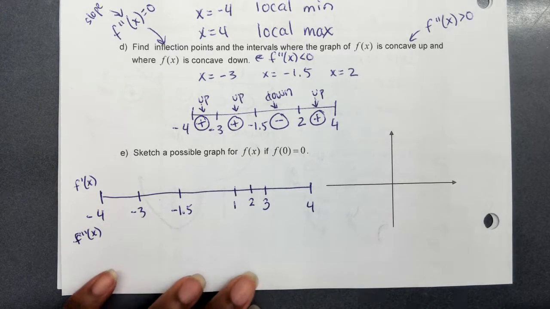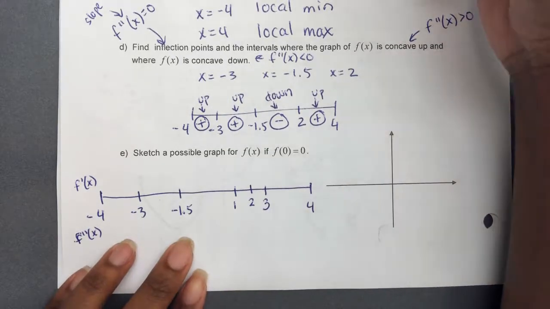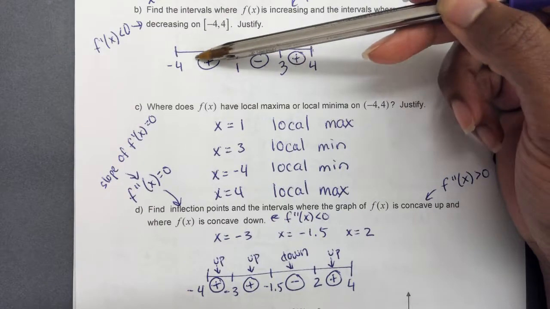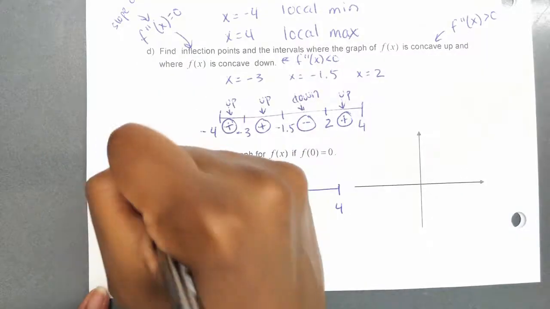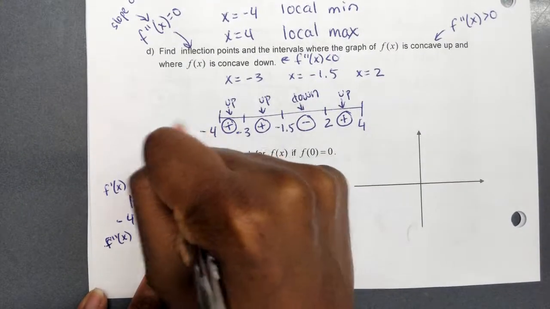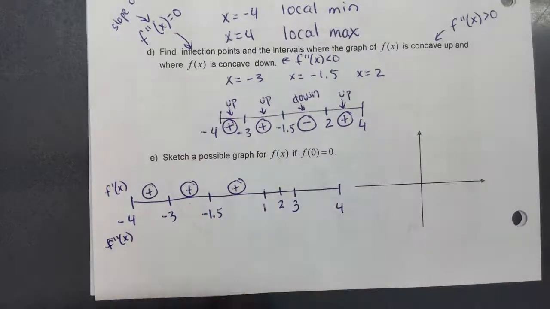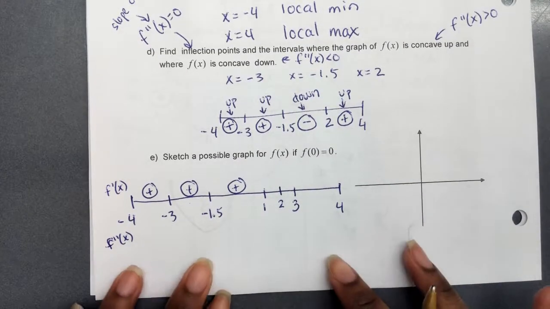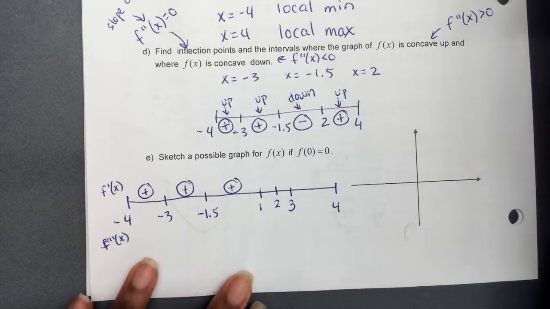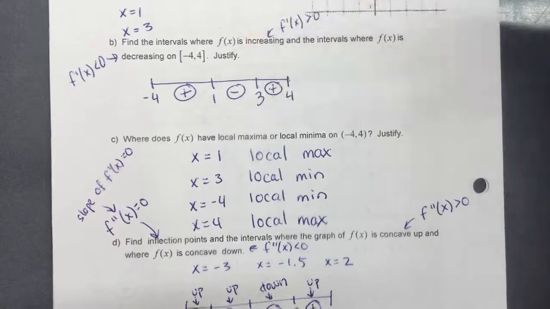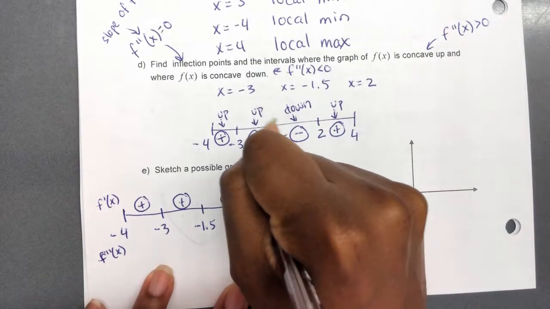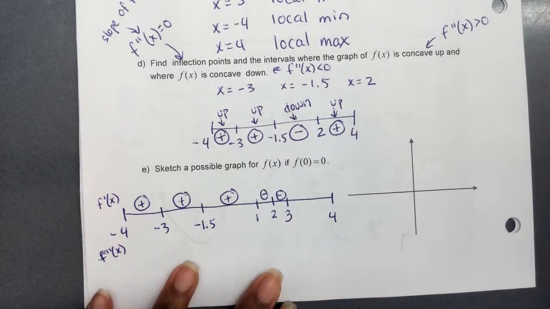So on the top, we know that from negative 4 to 1, we had a positive first derivative test. So all the way across until I get to 1, we're all positives. We know that from 1 to 3, we had a negative first derivative test. So until I get to 3, we're negative.